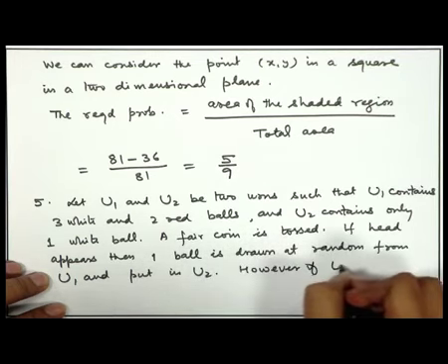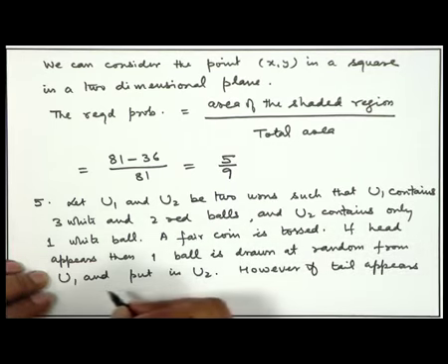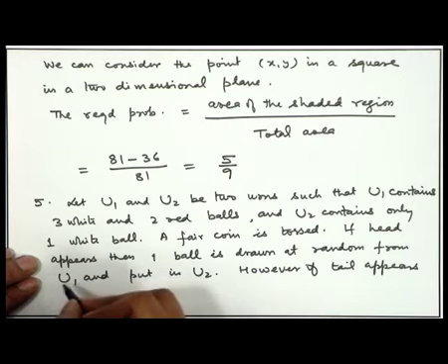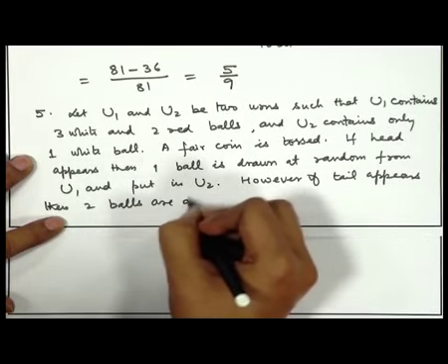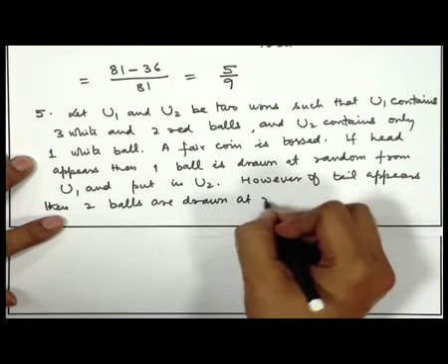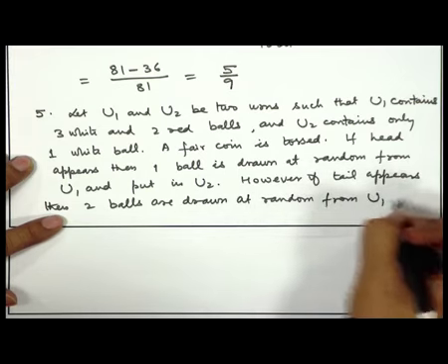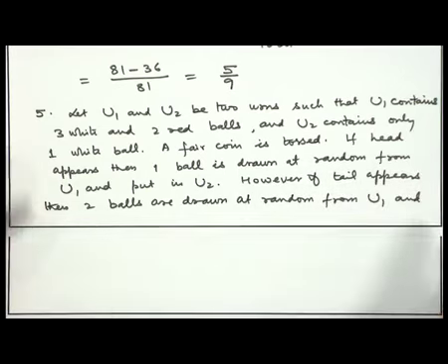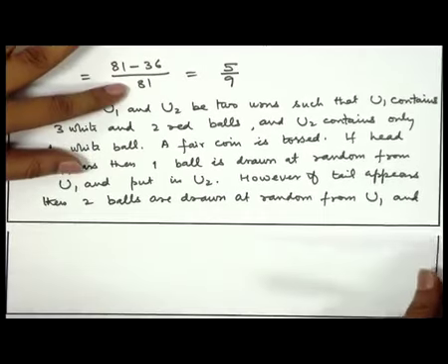However, if tail appears, then 2 balls are drawn at random from U1 and put into U2.